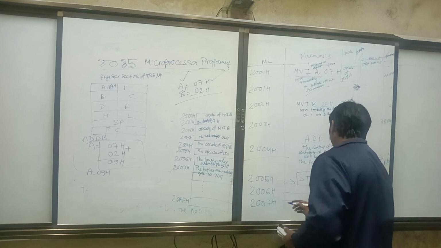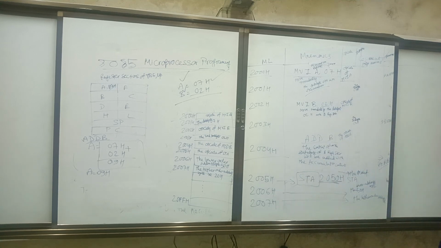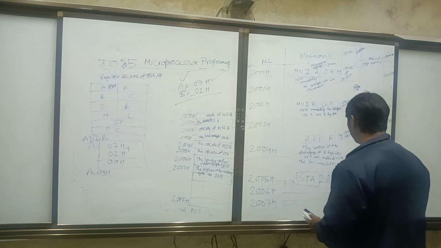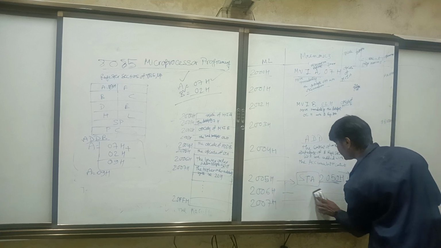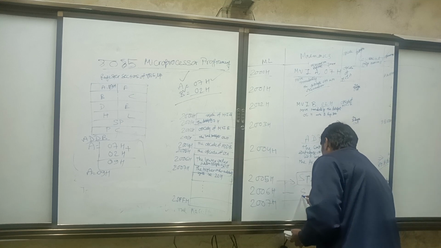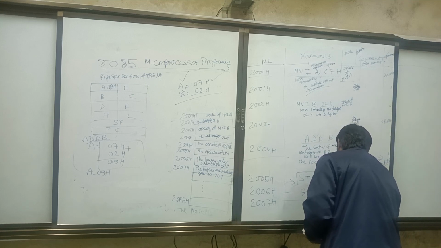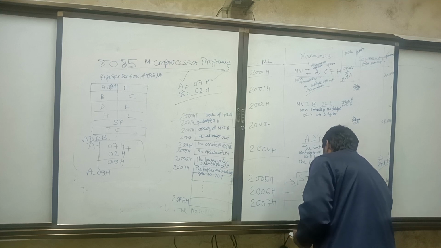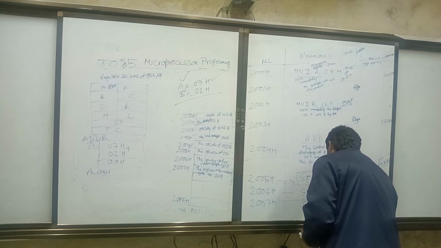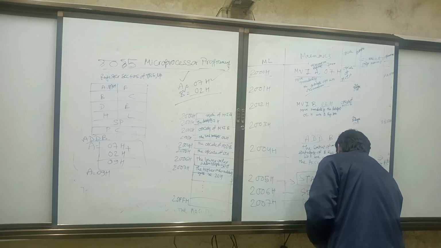Now here the comment will be: store the content of accumulator in 2050H memory.